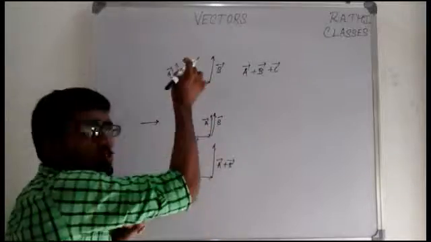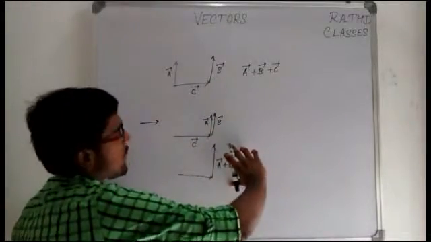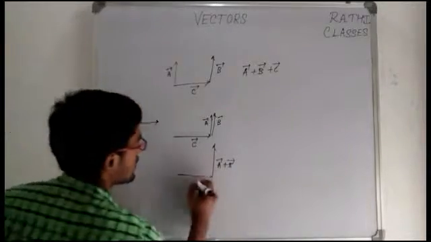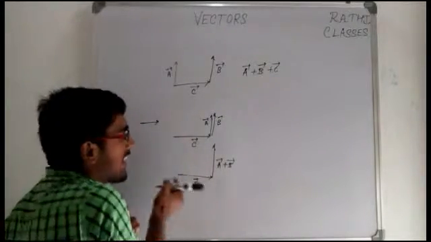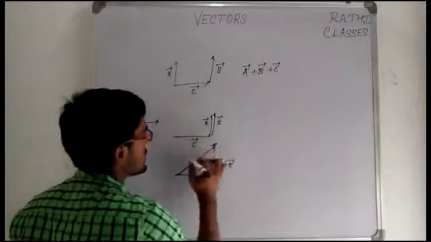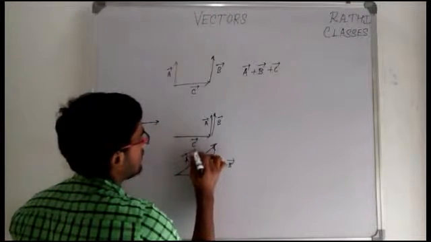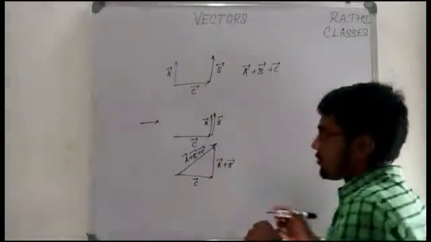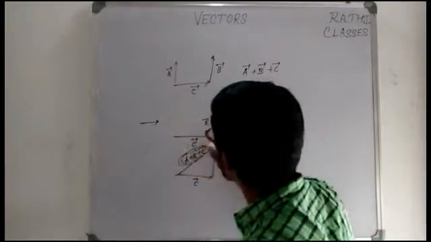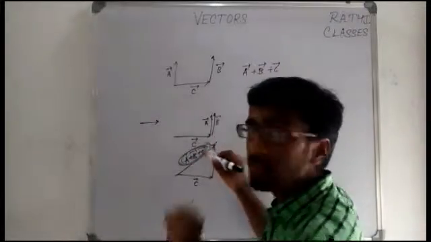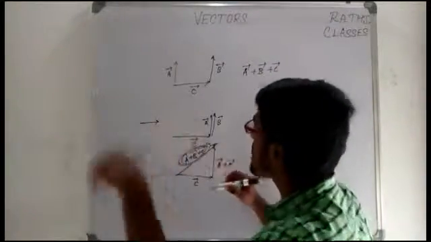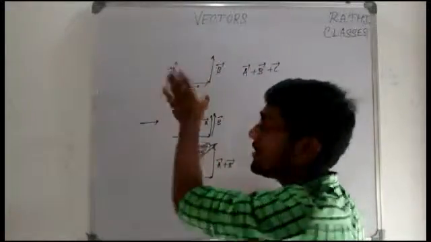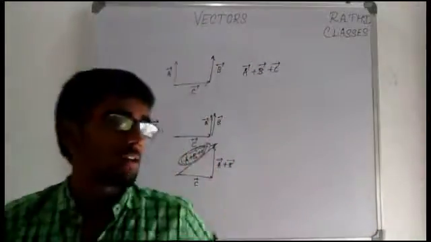We just add these two vectors and get a long vector, which is vector A plus vector B, because vectors along the same line behave as scalars. Now this is vector C. Now from the triangle law, I can say that this is vector A plus vector B plus vector C. Simple, right? So this will be the net vector, or the vector which produces the same effect as these three vectors would have produced when applied in this manner, or in this direction.